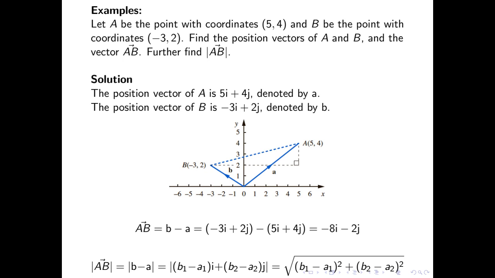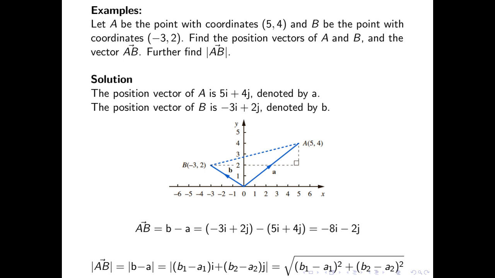Let B be another coordinate, -3 and 2. The question says find the position vectors of A and B. Go further to find the vector AB, and finally find the magnitude of vector AB. We are told to do 4 things here. We're going to start one after the other.